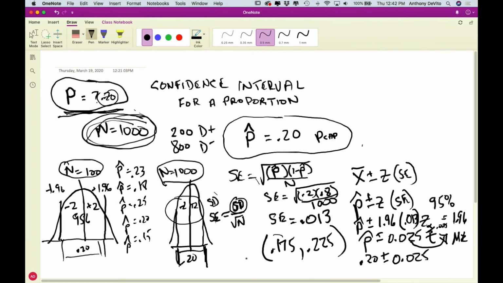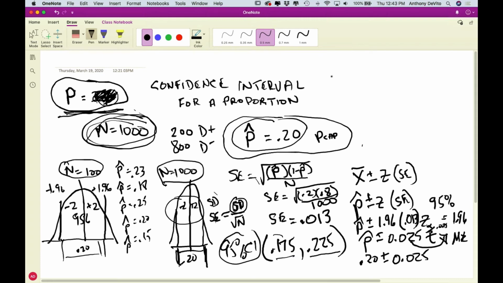So we are 95% confident that the true population proportion, which we don't really know, all we know is our sample proportion came out to be 20%. Our population proportion, we'll never know it, but we're 95% certain that it's between 0.175 and 0.225.